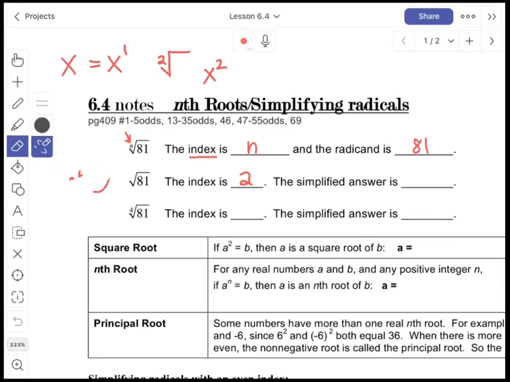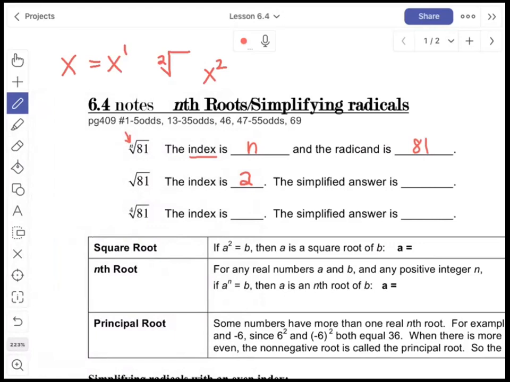Now the simplified answer, if I were to take the square root of 81, would be equal to what? Go ahead and put that in the chat. Good, nice, quick answer there.